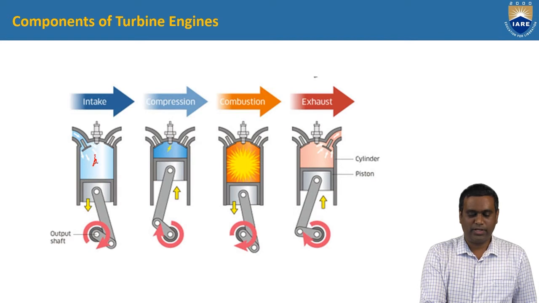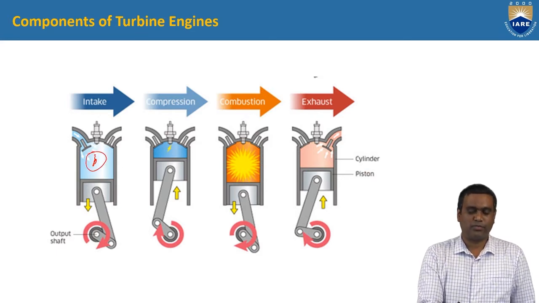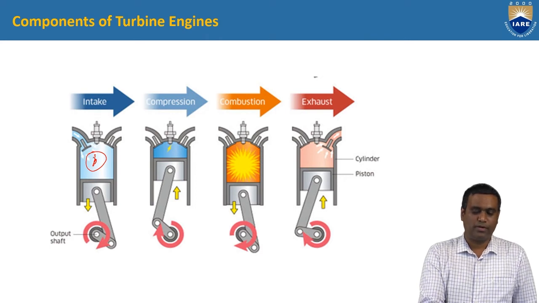One after other only the process can take place here, right? All these four processes, intake, compression, combustion and exhaust, will take place only in one place, and each process will occupy this chamber one after another. At a time they cannot occupy this chamber.